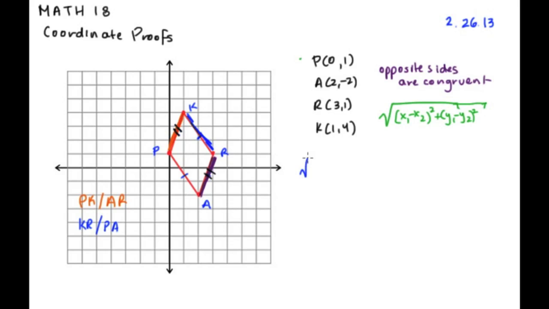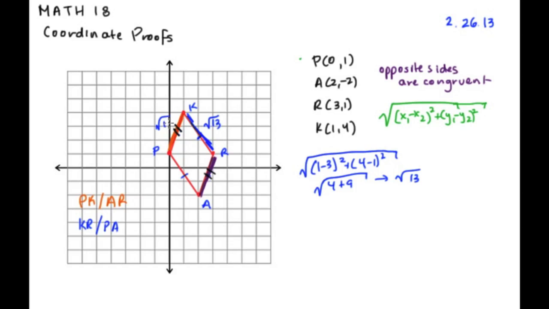So for KR we have x value of K minus x value of R squared plus y value of K minus y value of R squared. So we have 4 plus 9, and that's 13. So this is square root of 13.